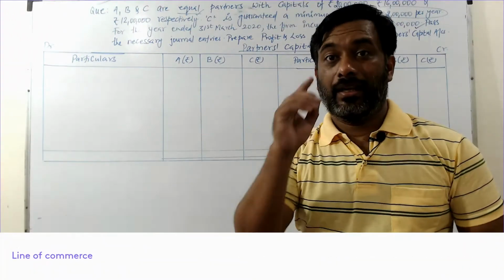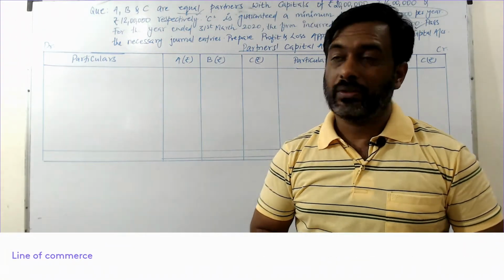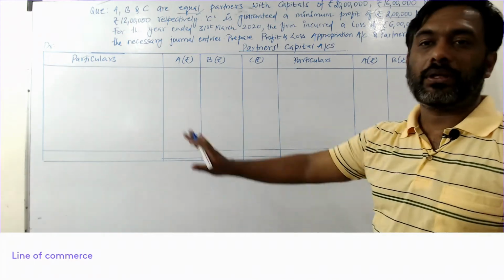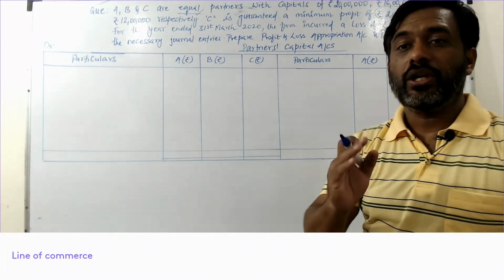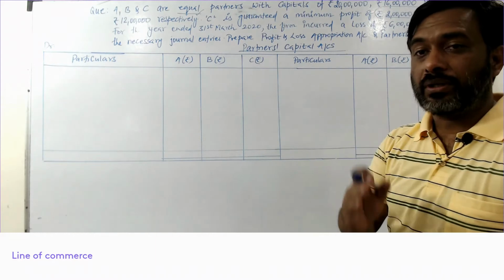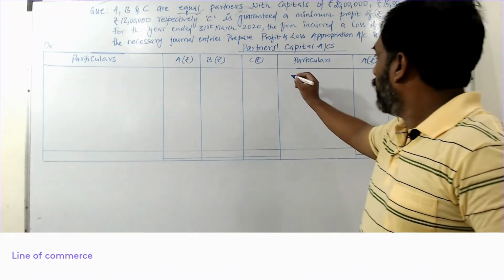That's it. Let us prepare partners' capital account. So this is the format of partners' capital account. Let us first write the opening balances of capital for each partner. So by balance b/d.